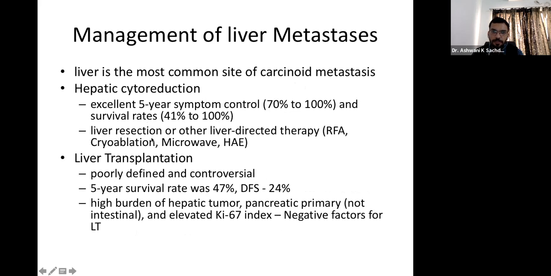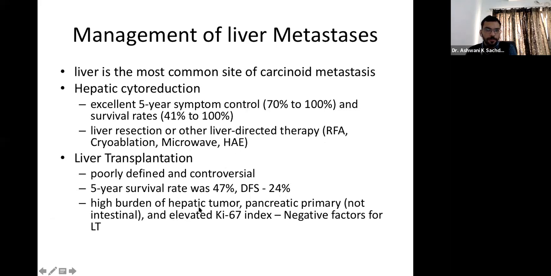Liver resection and other liver-directed therapy like radiofrequency ablation, cryoablation, microwave therapy, and hepatic artery embolization. Liver transplant for liver metastasis is controversial and its indications are poorly defined. The 5-year survival rate is about 47%, and because most of the time the disease recurs in the new liver, disease-free survival is only 24%.